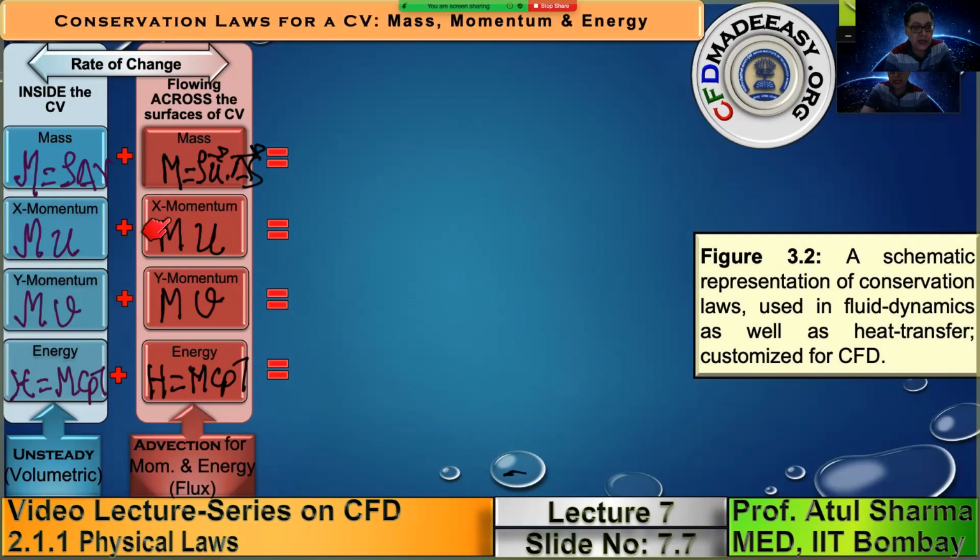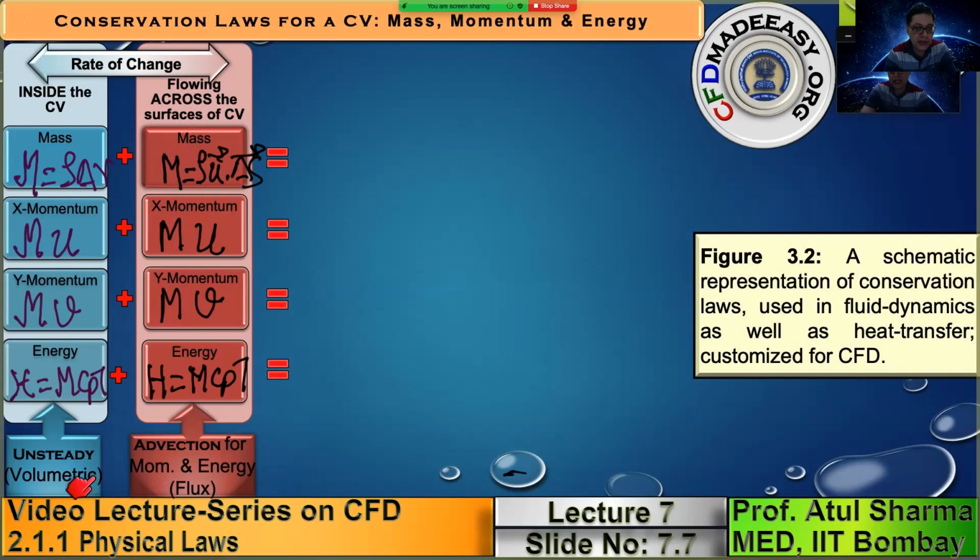Whereas if you consider the second rate of change term, which corresponds to mass flow rate, x momentum flow rate, y momentum flow rate, and enthalpy flow rate flowing across the surface of the control volume, then you see that all these terms consist of mass flow rate. And since the mass flow rate depends on the surface area, all these terms depend on surface area, and they are called flux terms, as shown here.